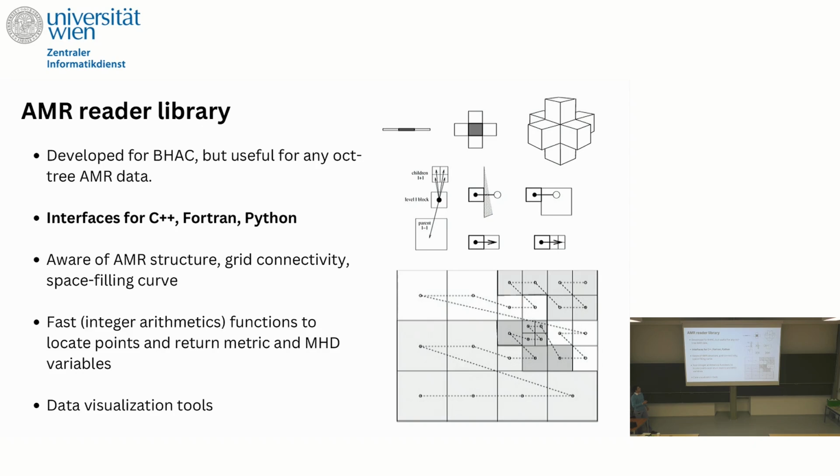In order to do this, we developed a reader library for the AMR format of BHAC. Even though right now it reads just the BHAC binary format, it should be easy to make it read, for example, the HDF5 format, because the main point about this reader is not so much that it reads the format of BHAC, but that it is aware of the AMR structure and the grid connectivity.